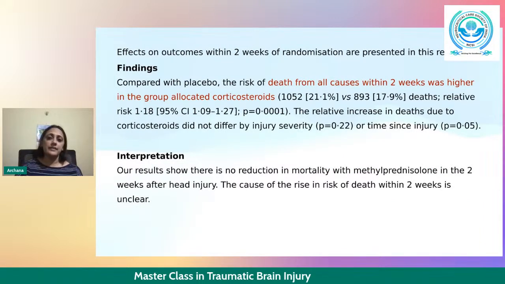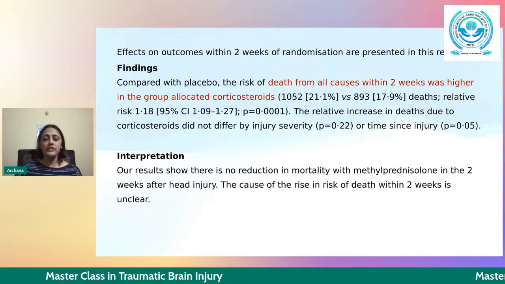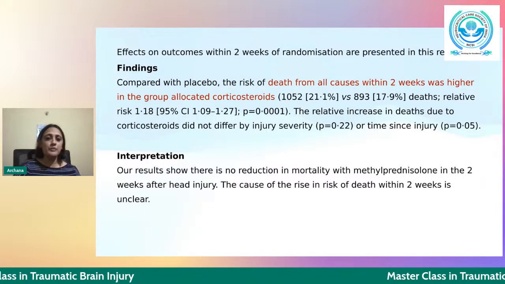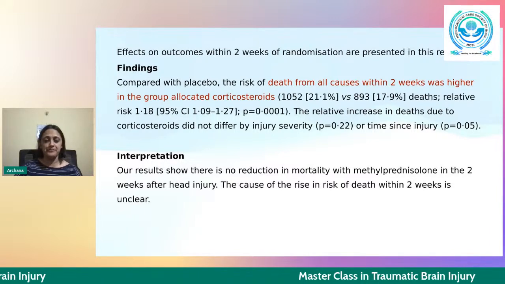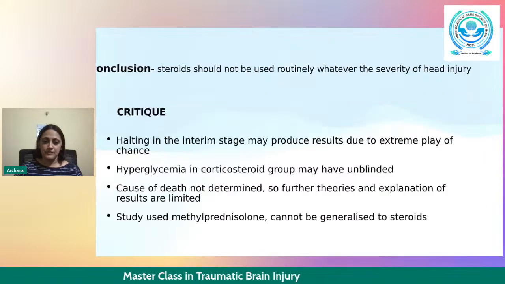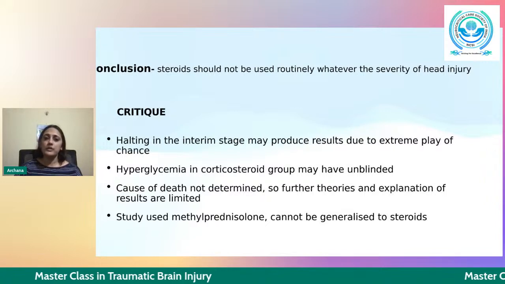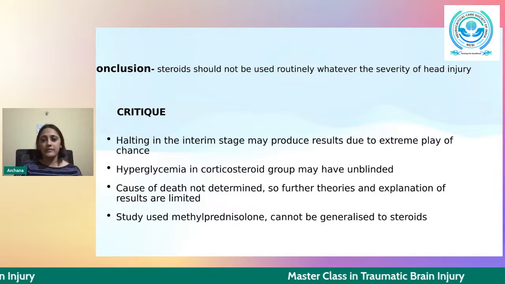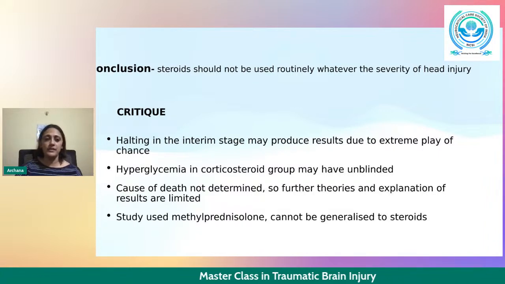Here they saw that the death from all causes within 2 weeks was higher in the group allocated to corticosteroids. So they concluded that the steroids should not be used routinely, whatever the severity of the head injury.